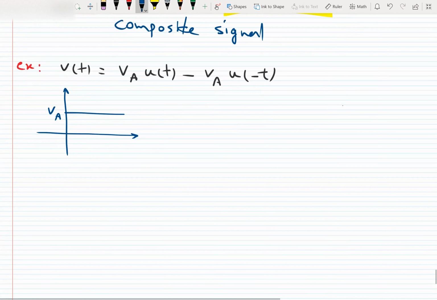And negative VA u of negative t is in this form.